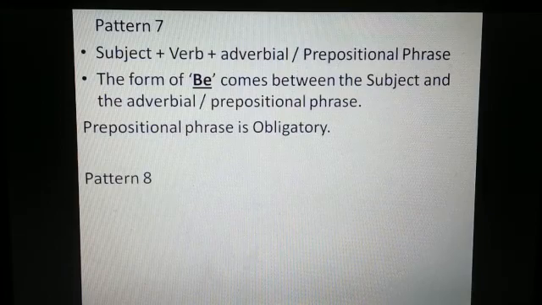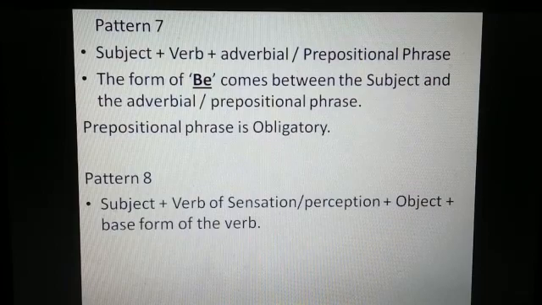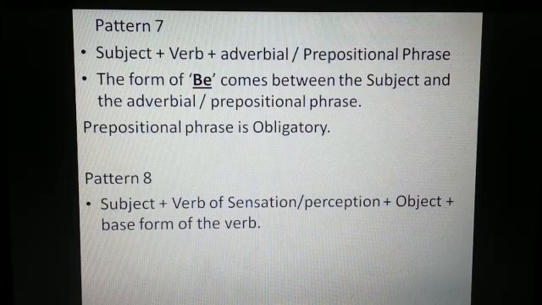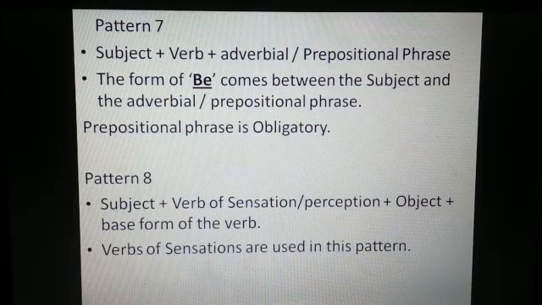Then we move on to the next pattern, pattern number 8, that is subject plus verb of sensation or perception plus object plus base form of verb. Now, boys and girls, here verbs of sensation are used in this pattern, and verb of sensation describes one of the 5 senses, that is sight, hearing, smell, touch and taste.